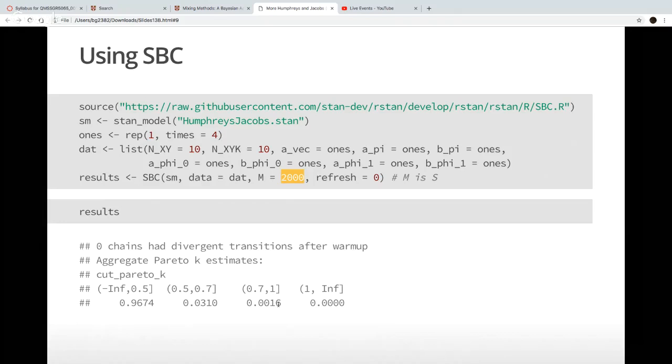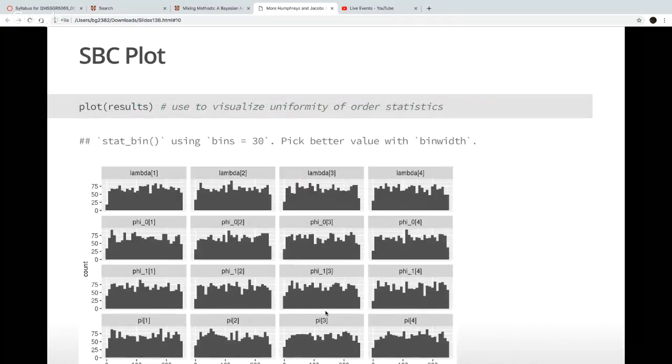But that only happened a couple of times out of 2,000 by 20, and there were none that were intractable, in this case 0 to infinity for the Pareto shape. So overall, this is suggesting there's no obstacle to Stan working well for a posterior distribution like this.